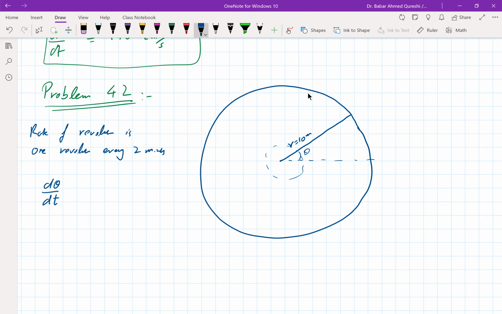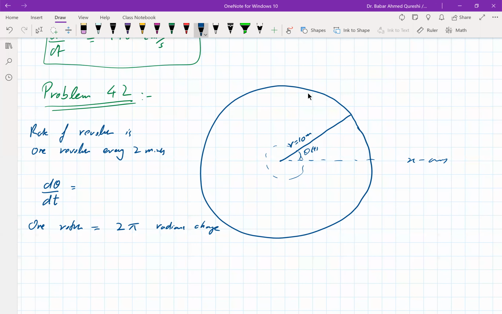Theta is a function of time because this rotates, and as a result of that, this theta from, let's say, this horizontal x-axis changes. And it tells me that it covers 1 revolution in 2 minutes. And if I'm gonna introduce the trigonometric functions and their derivatives, I must use the radians. So d theta by dt is equal to 1 rotation, which is 2 pi radians change.